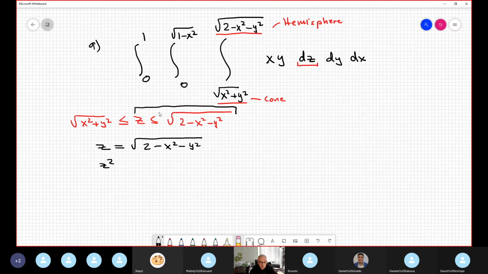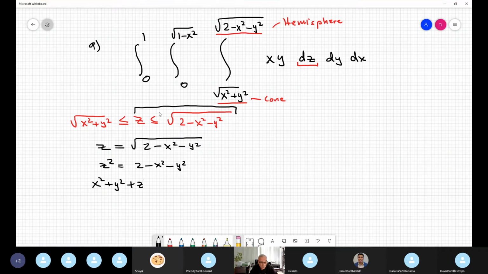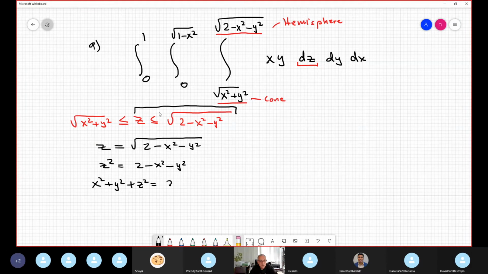You have z squared equals 2 minus x squared minus y squared. If you move the variables to the left-hand side and organize in alphabetical order, I suppose you see clearly now that this is a sphere, and the radius is radical 2.